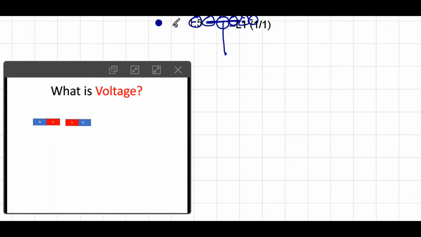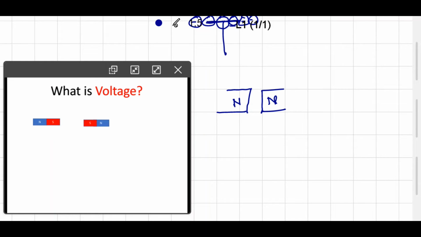See friends, here I have shown you two magnets. Suppose here is an N pole, and here is another N pole. Obviously, similar poles repel each other. That is a natural phenomenon.